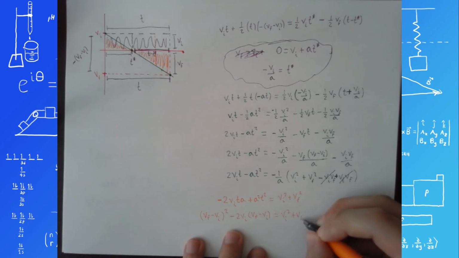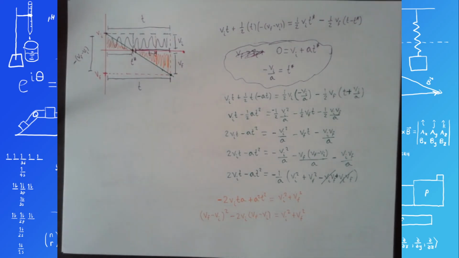Is there a way to simplify this without distributing? I feel like there should be something I can do here. I feel like I might be able to solve this by grouping. I can factor out a v final minus v initial there. What would that do for me?